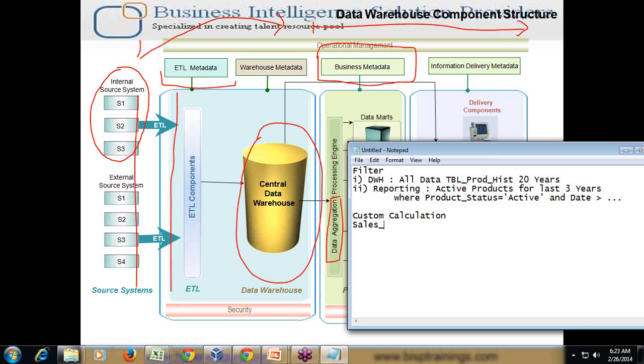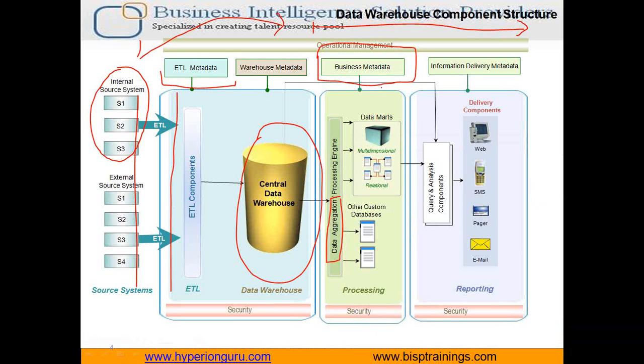Your sales tax is to be calculated as 5% of sales. Sales tax is not calculated in the enterprise warehouse, because this highly depends upon your province. There are multiple factors that influence this. So you decide all the calculation, simple or complex, could be calculated in your reporting layer, or, if it is common, we can perform it in business metadata.